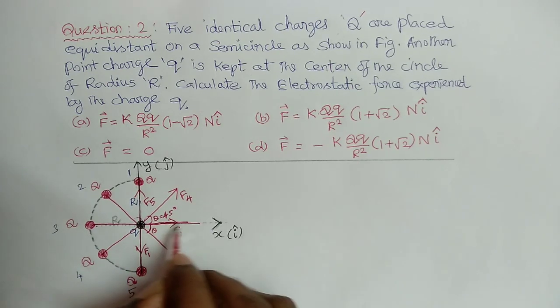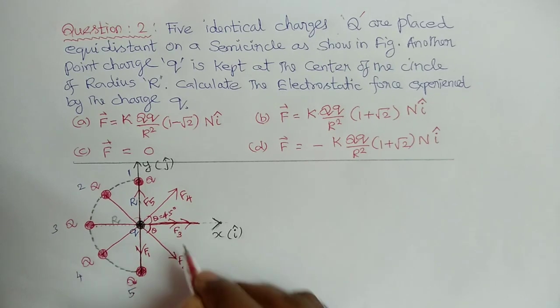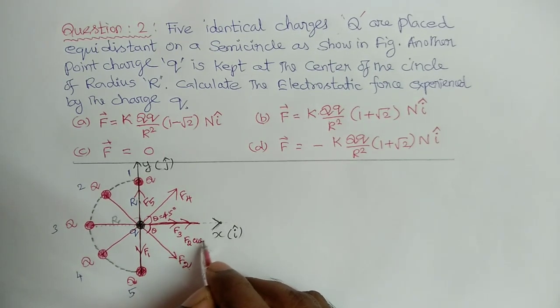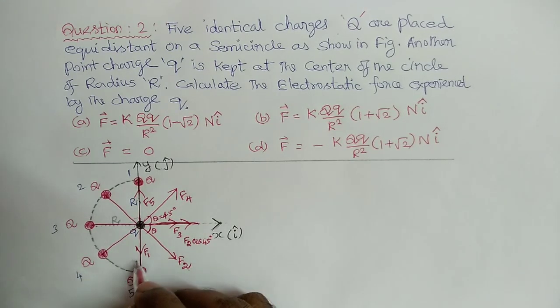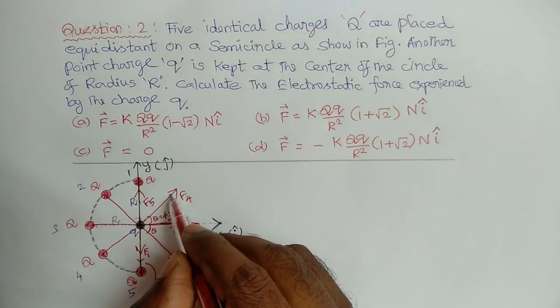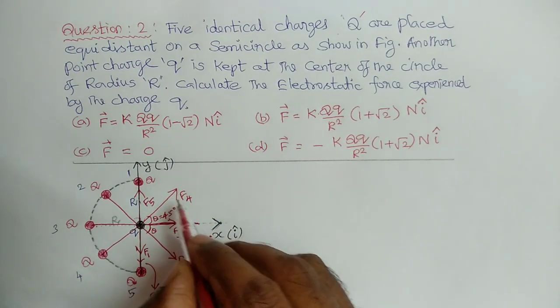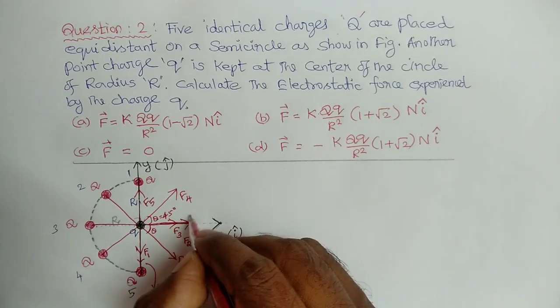So this is a horizontal component for this resultant F2. So we'll write F2 cos 45 degree. And for this vertical component here, F2 sin 45 degree. Then we come to the F4. So this is a resultant. So for this F4, the horizontal component is along here.